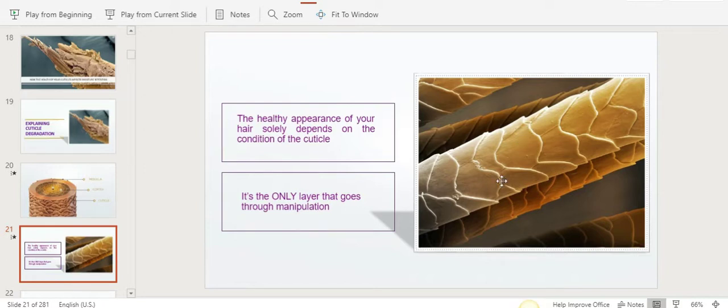If not, then that's bad news, right? And the cuticle is also the only layer that goes through manipulation because it's the outermost layer. So it's the only layer that you actually come into contact with.